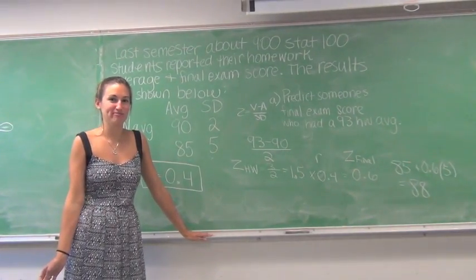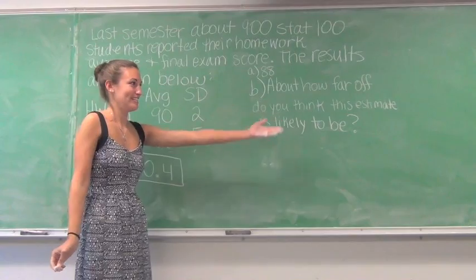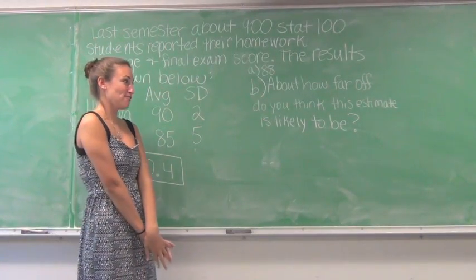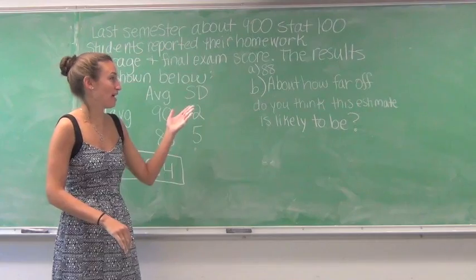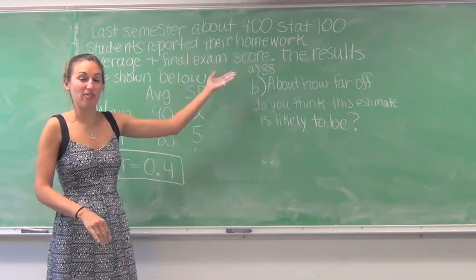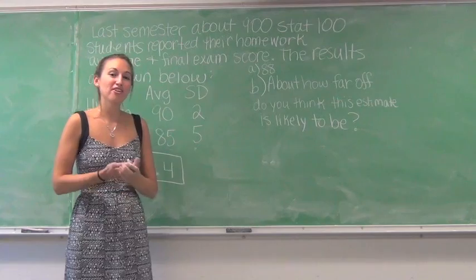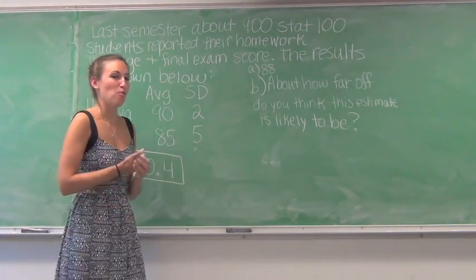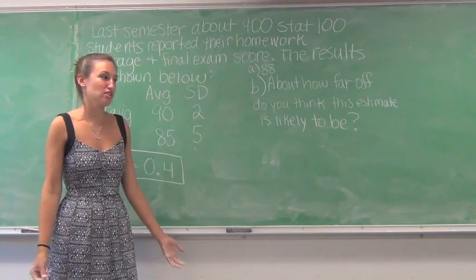homework average. So now, part B here is asking us about how far off do you think this estimate is likely to be. So that estimate that we got from part A, 88 on their final exam, how far off do you think that's likely to be? In other words, this is asking us, what's the root mean squared error, or what's the SD of the prediction errors?